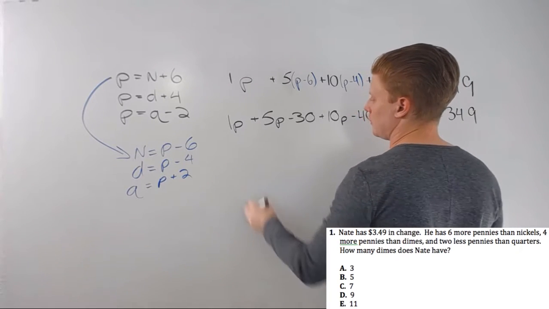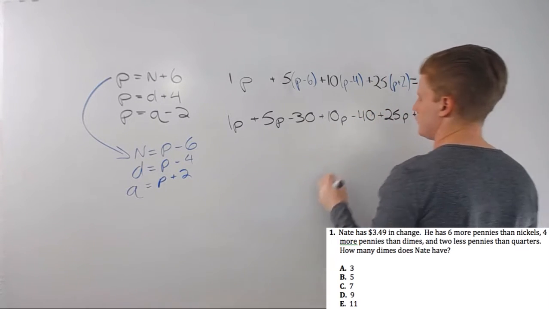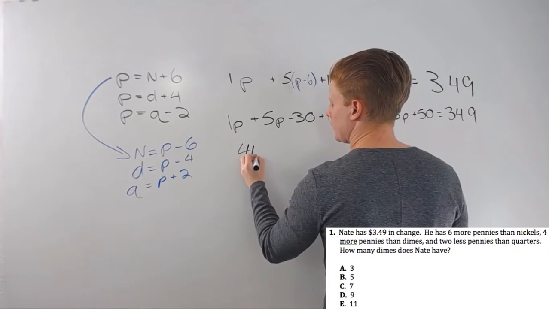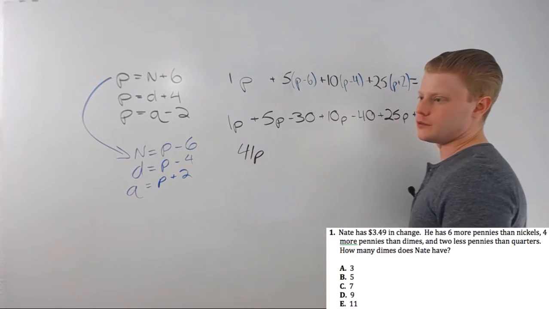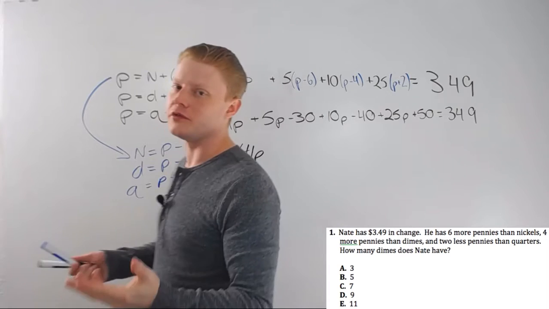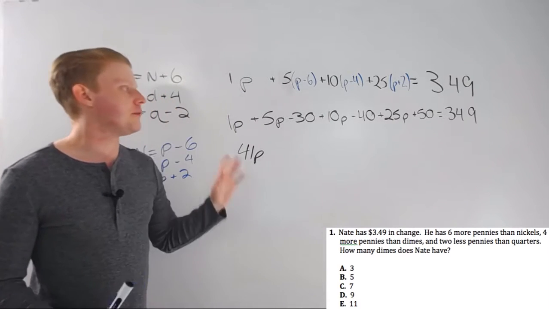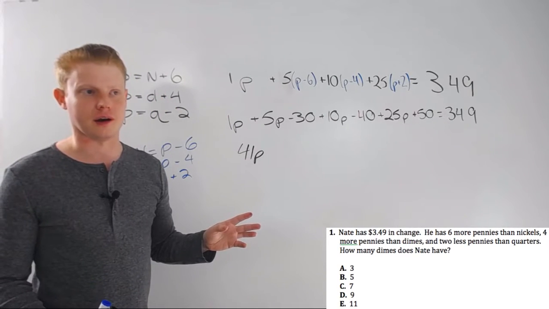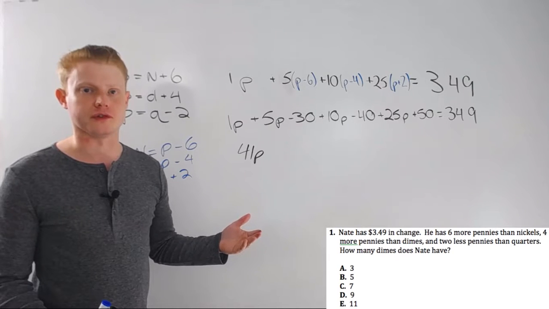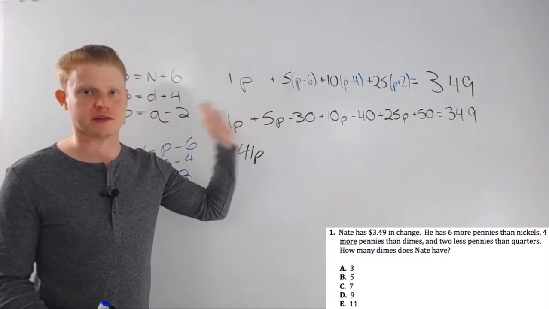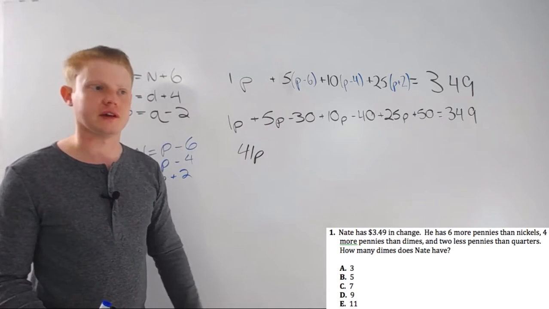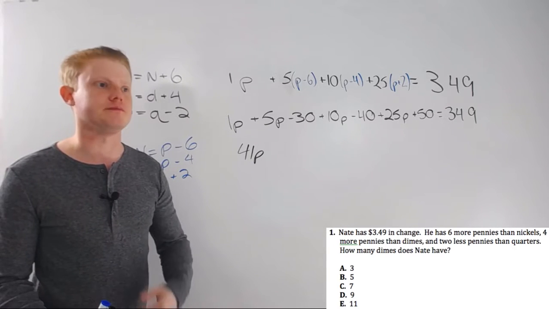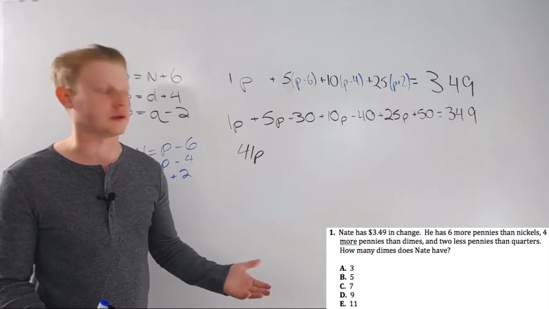Start combining like terms. This will be 41p. By the way, this is not something you need to remember, but if you do, great. They typically ask this more than two variable system of equations question with this change thing. It's a change question. How many quarters does he have or whatever.